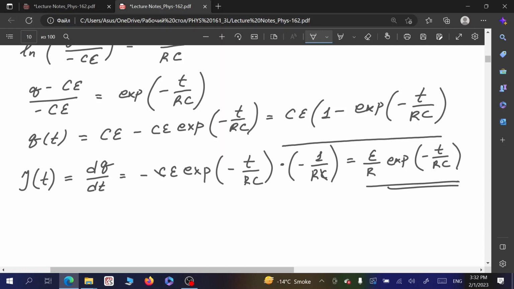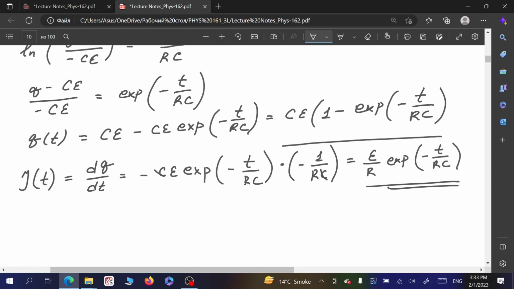So now, since we already discussed this before, we see that indeed at t equals 0, this exponent will give us unity. The current reaches its maximum value, which is epsilon over load resistance. And if we consider time growing from 0 to some values, this current decays exponentially, quite rapidly.